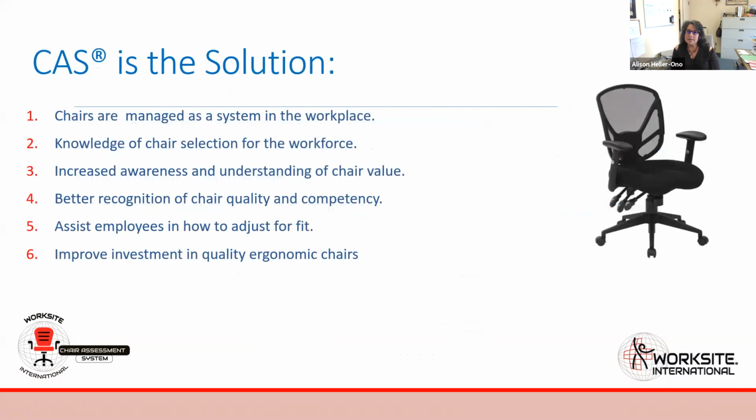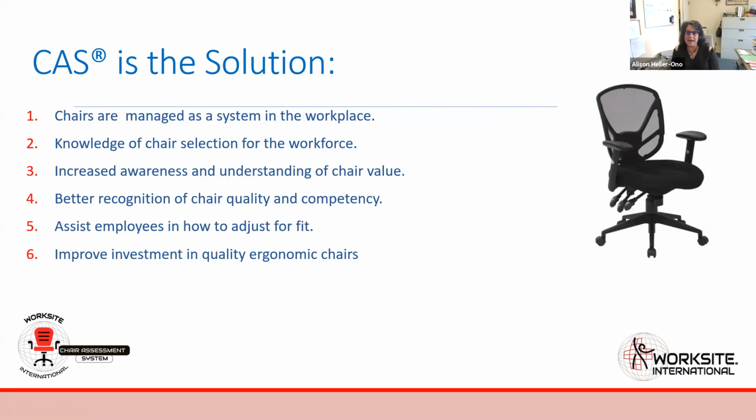So to summarize, the chair assessment system is the solution. Chairs are managed as a system in the workplace. There's knowledge of chair selection for the workforce. There's increased awareness and understanding of chair value. It gives you better recognition of chair quality and competency.